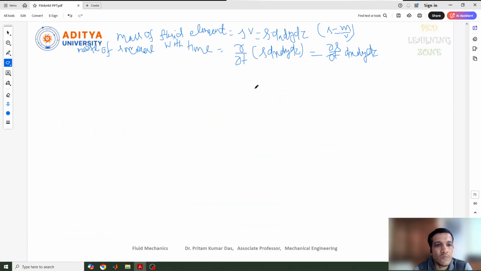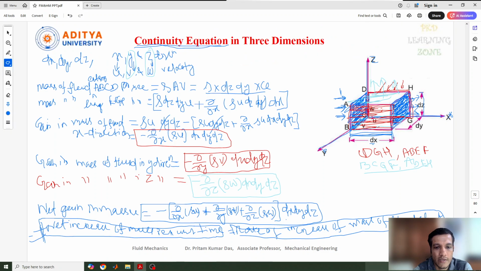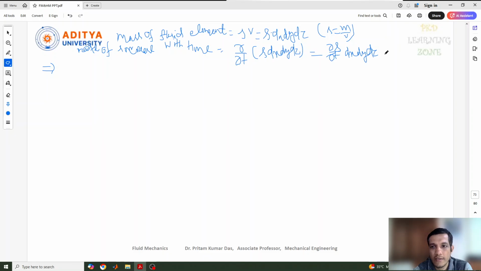Let's number the equations: this is equation 1, this is equation 2, this is equation 3, and by combining all of these we got equation 4. Next, this is equation 5.